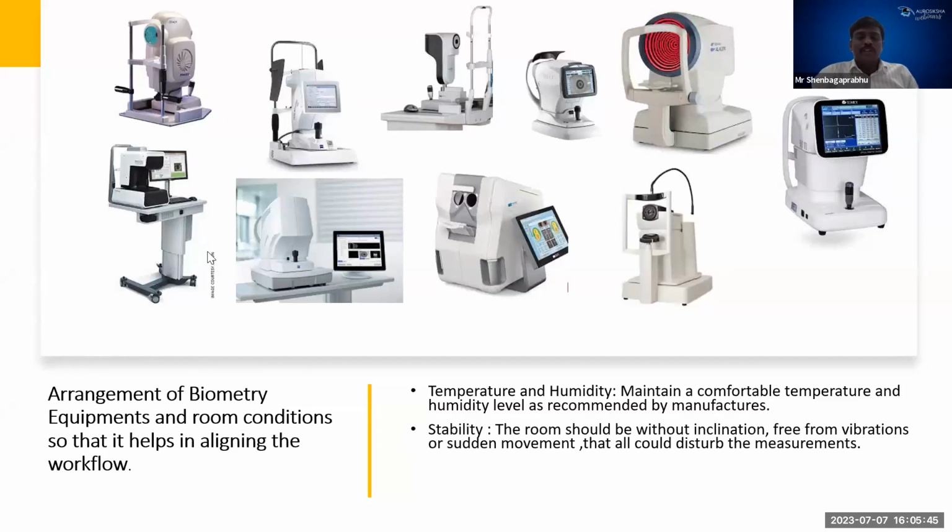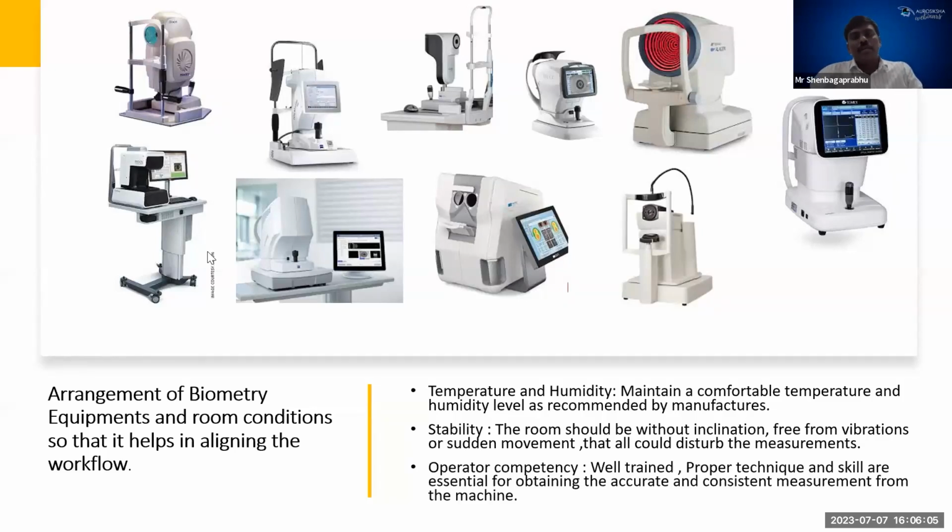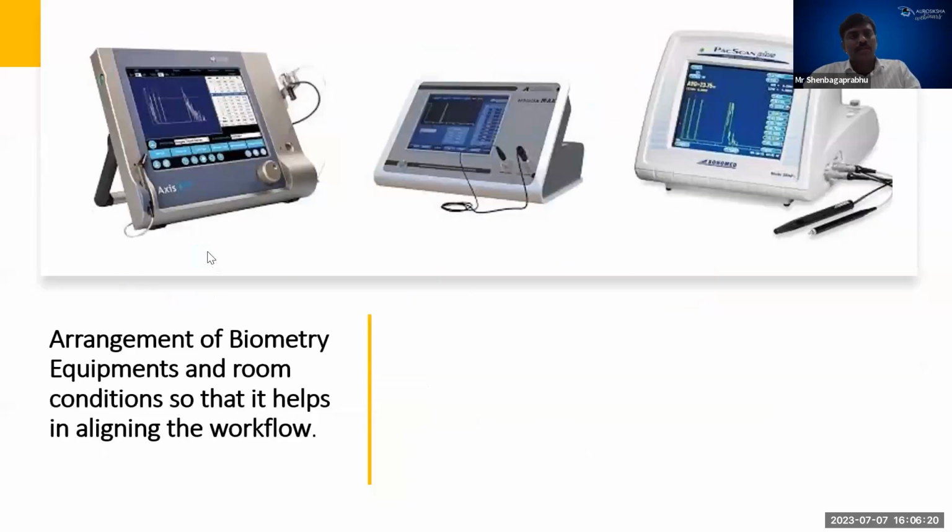It should be free from any vibrations or sudden movements, because these equipments contain various moving parts, so it has to be calibrated beforehand. If there is any sudden movement, it needs to be calibrated again. In order to get the best result, we need to maintain it as per the manufacturer's recommendations. And of course, we need to have a competency level also. The technician who is going to handle it needs to be well trained, employ proper technique, and keep improving their skill. With all these features only, we can get the best out of the machine.